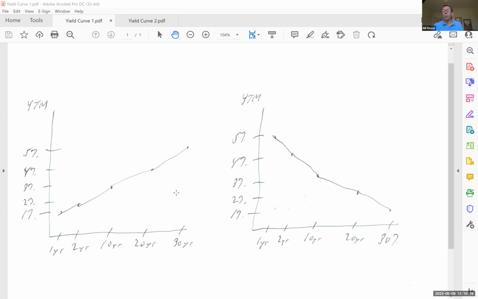Okay, so let's break that down. It's saying that in this particular theory of the term structure, investors, if they are looking to invest money for 30 years, don't care whether they invest in a 30-year treasury bond or in a 1-year treasury bill and roll it over 30 different times for the 30 years. Doesn't matter.